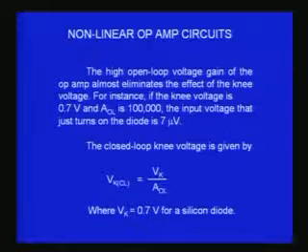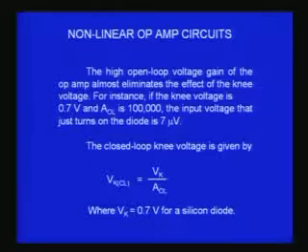Now, you can see on the screen what happens. The op amp has an open loop gain of about 10 power 5, 100,000, typically.